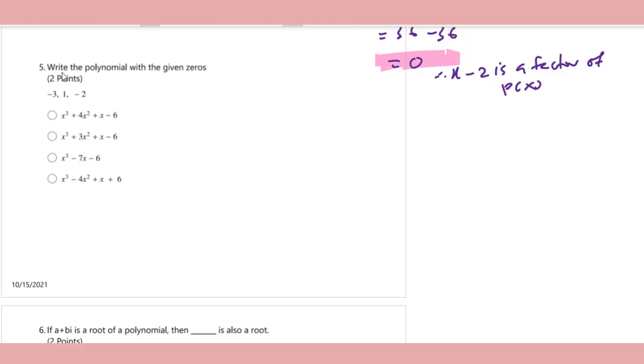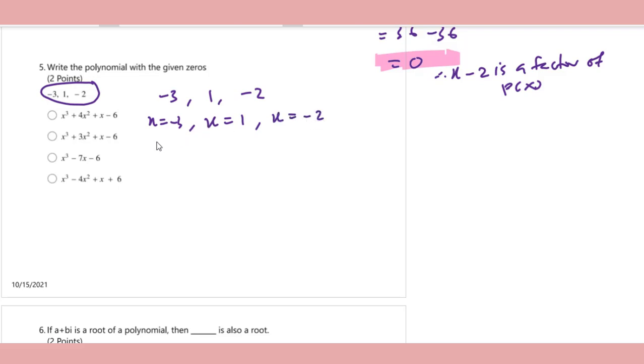Number 5. Write the polynomial with the given zeros. So you have 3 zeros: negative 3, 1, negative 2. So x is equal to negative 3, x equals 1, x equals negative 2.